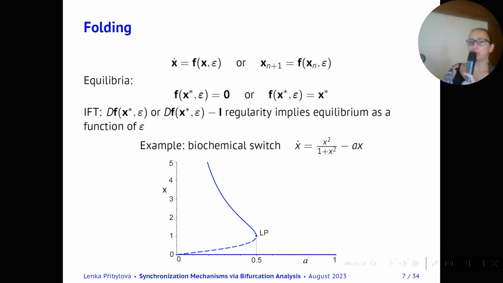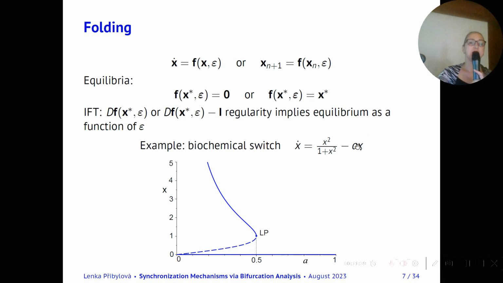The first term, the nonlinear term, is due to an autocatalytic reaction. It's the so-called Hill function, but it doesn't matter. This function means that the protein is produced, and this is the degradation of the protein. So this is very easy. The right-hand side is the derivative of the concentration of the protein.